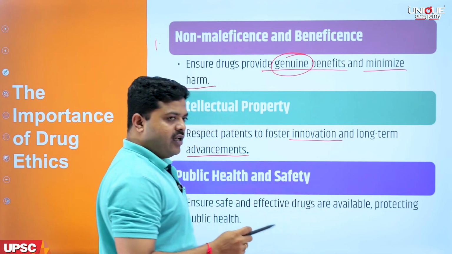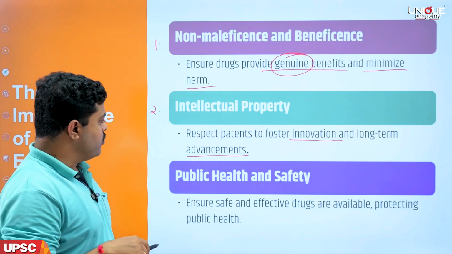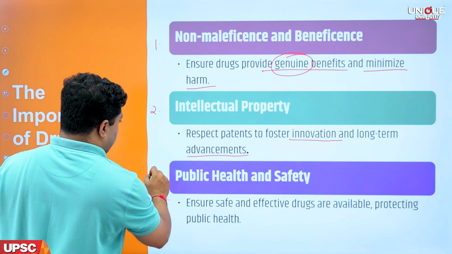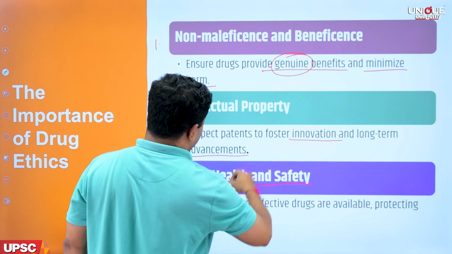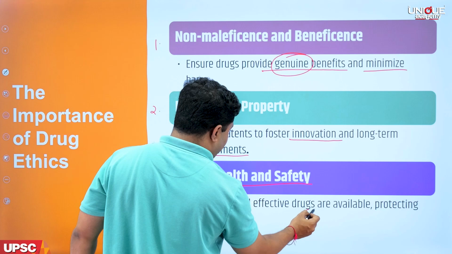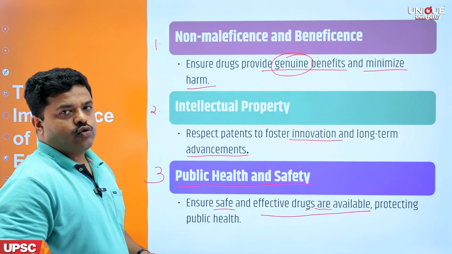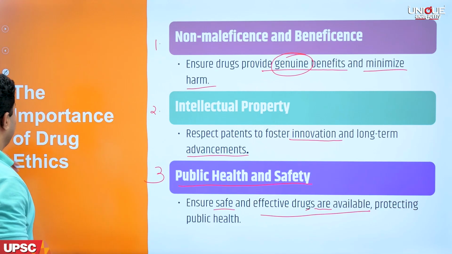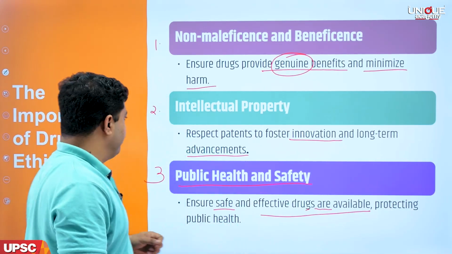So you should respect even patents of rivals. You should not copy their formula, copy their compounds, use their compounds. Third, public health and safety is paramount, whatever you do in that. So ensure safe and effective drugs are available, okay, and public health is protected. So ये सब drug ethics में आता है. So अगर ये रूल आप बताओगे तो उसके consequences भी आपको बतानी चाहिए.